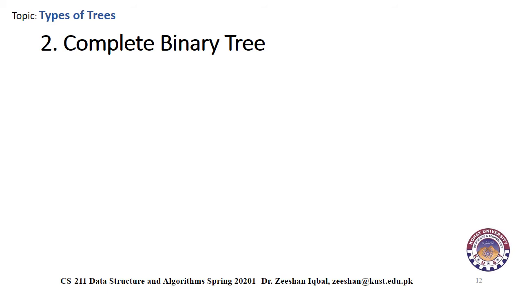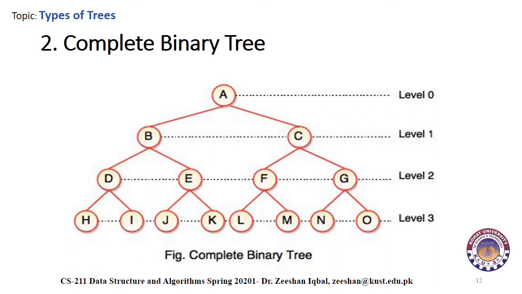Complete binary tree is an enhanced version of full binary tree in which we have only two children or zero children, but all the leaf nodes must be present at the last level. As we can see in the figure, all the leaf nodes are at level number 3, at the same level. A binary tree is said to be a complete binary tree if all the leaves are located at the same level and it contains exactly 2 power n nodes at each level between level 0 and level number d.